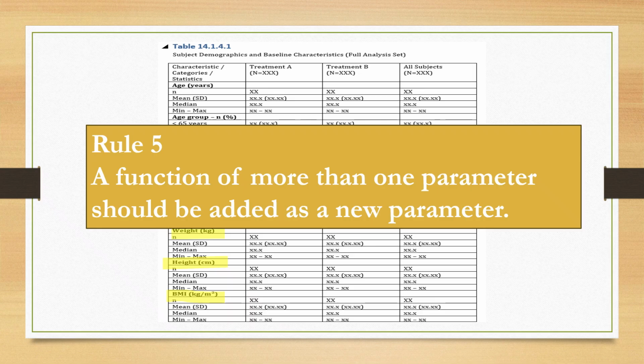Because of this rule, BMI, being created from two parameters, is added as a new parameter in your ADaM level. So any PARAM series which is a function of more than one parameter should be added as a new parameter in your ADaM level.